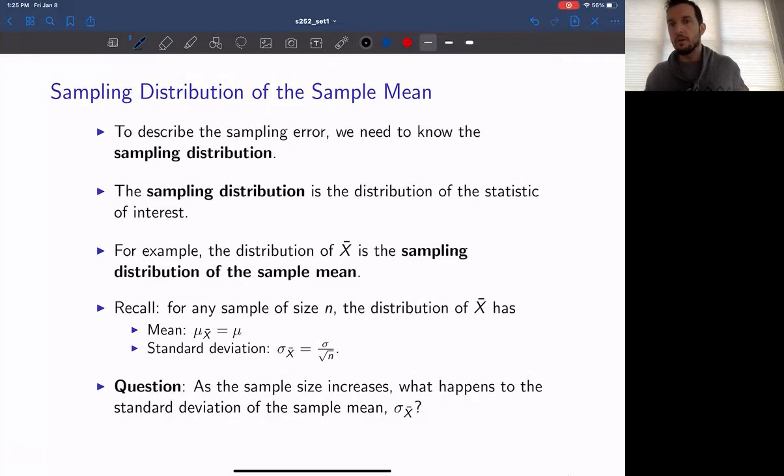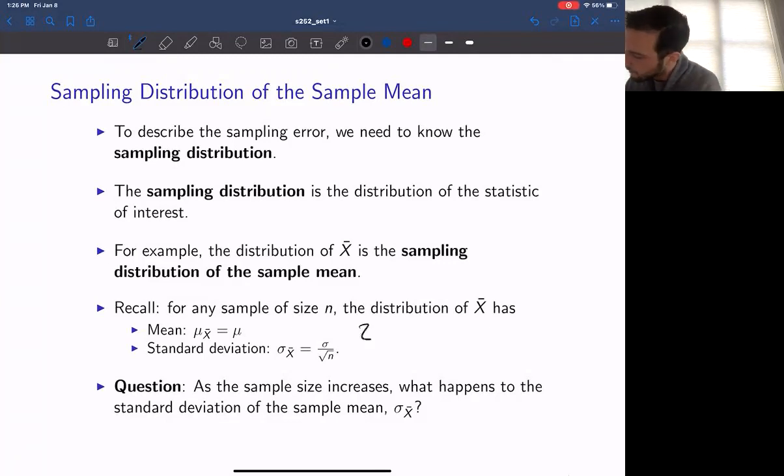Every single sampling distribution for the sample mean has two parameters with formula that do not change. So every single sampling distribution of the sample mean has a mean mu subscript x bar, and that's equal to the population mean. And it has a standard deviation sigma subscript x bar, which is equal to sigma over the square root of n.